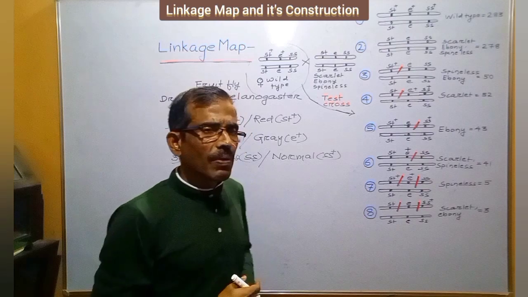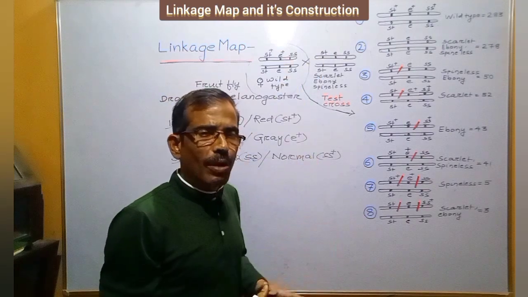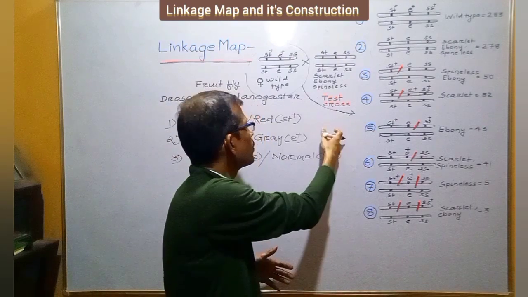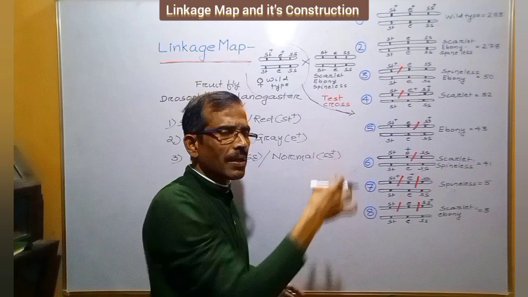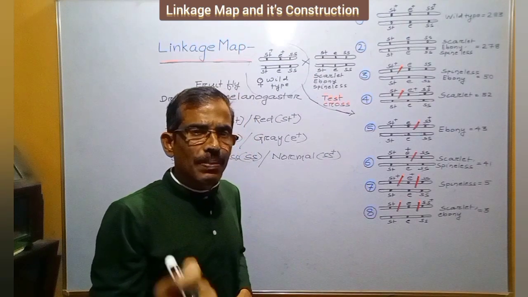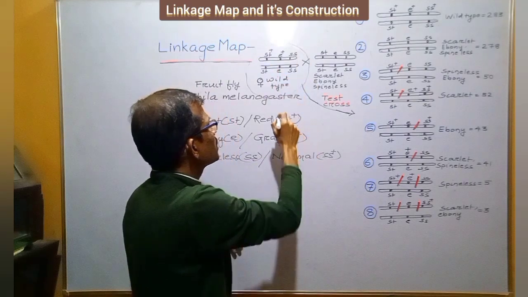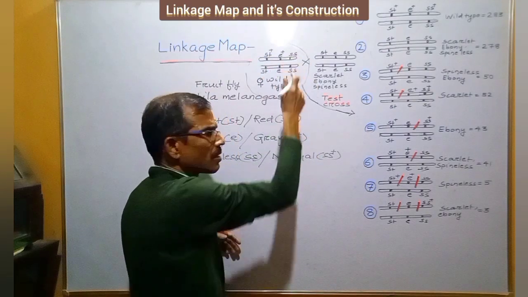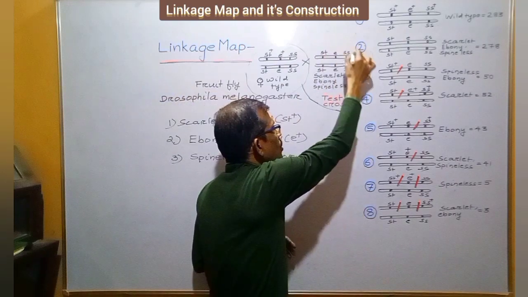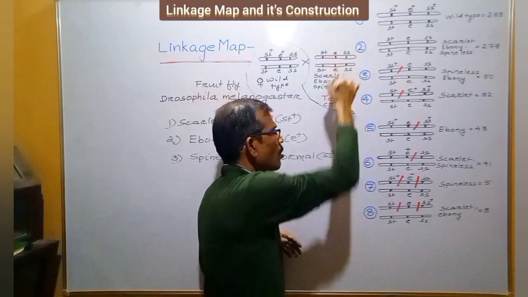Because crossing over in the heterozygous parent is essential for determining recombination frequencies, in our example, the heterozygous parent must be the female. Hence, this test cross is performed between a female Drosophila which is heterozygous at all 3 loci and a male Drosophila which is homozygous for recessive alleles at all 3 loci.